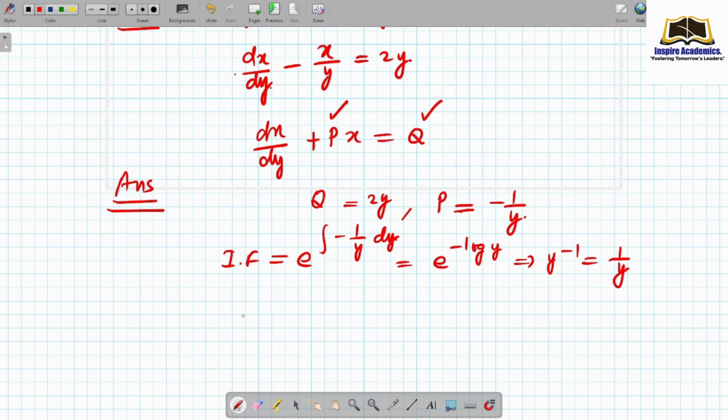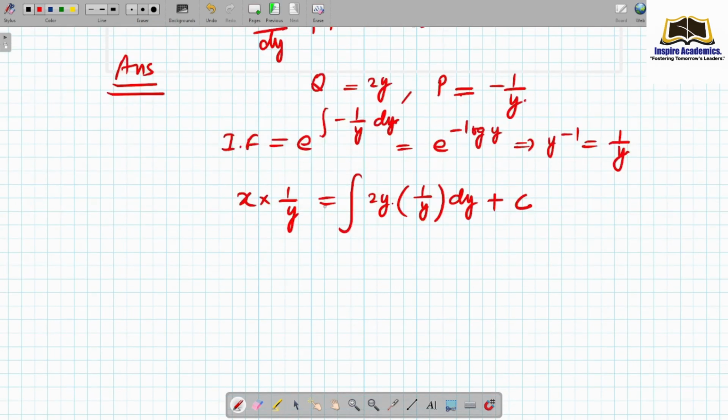Okay. So this time your solution will be x times 1 upon y equal to integral of q times IF. What is the value of q? 2y times IF, which is 1 upon y, dy plus c. So the answer is integral of 2 dy plus c, which is nothing but 2y plus c.